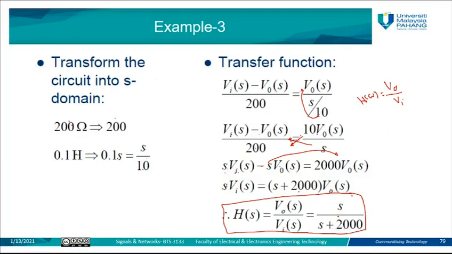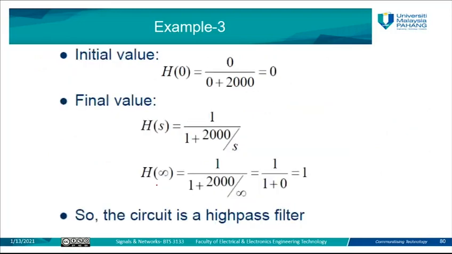Now, in order to decide whether my filter is low pass, high pass, or whatever the type of this filter is, I need to find the magnitude of H of 0 and the magnitude of H of infinity. That means, according to the Laplace transform table last time, when we found how to find the initial condition and the infinite values, here you just need to redo it again.